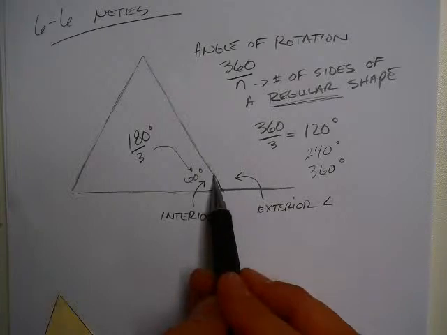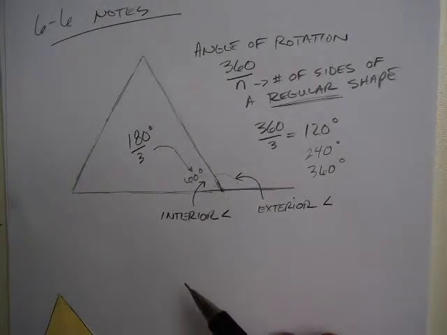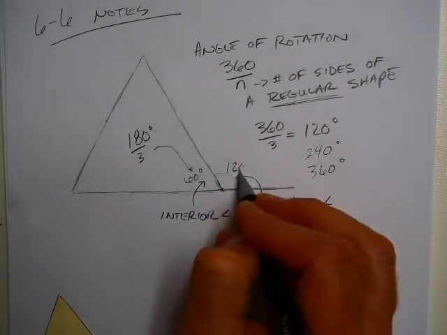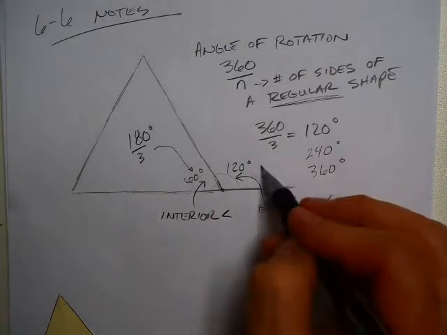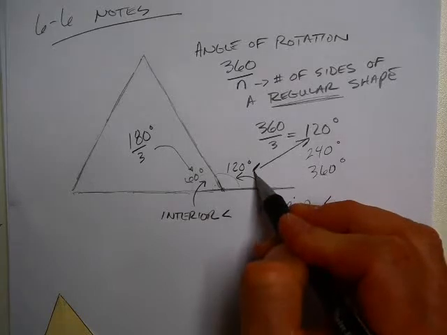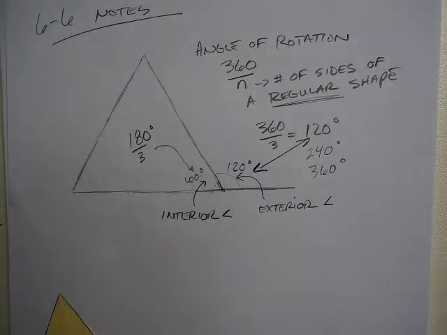So if this is 60, how much must this be? 120. Right. Wait a minute. Those are the same. So finding an exterior angle, and finding the angle of rotation, same thing? Maybe.